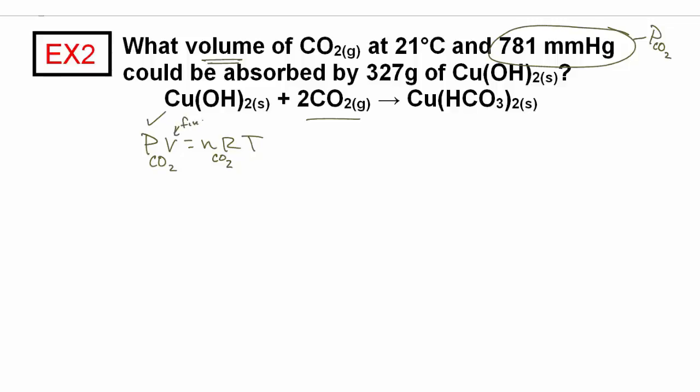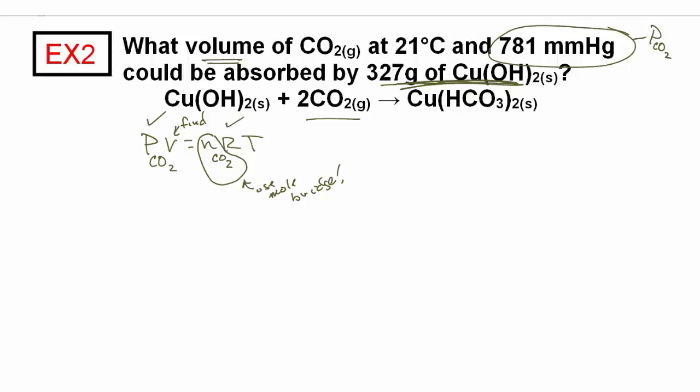The number of moles of carbon dioxide, let's just use the mole bridge. Because we know we have 327 grams of copper hydroxide, so we can convert to moles of carbon dioxide.